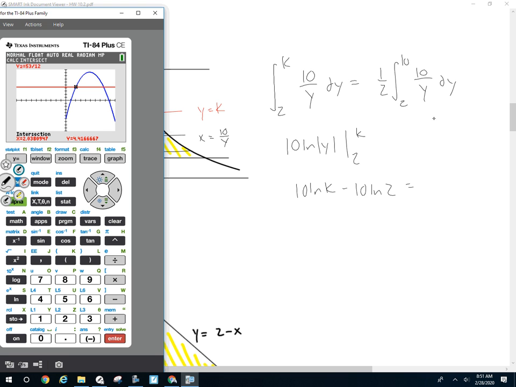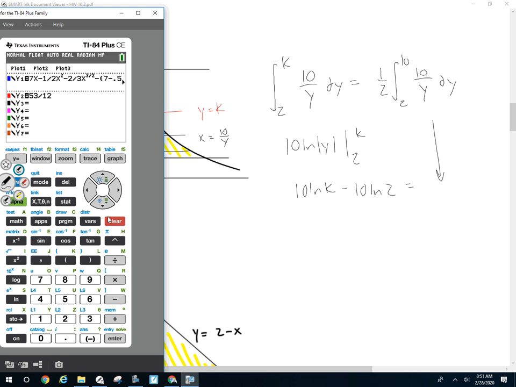That equals this. I'm going to graph and solve. I have 10 log k minus 10 log 2. You can actually simplify this using log properties if you wanted to. And that's equal to 1/2 of the integral from 2 to 10 of 10 over y dy.